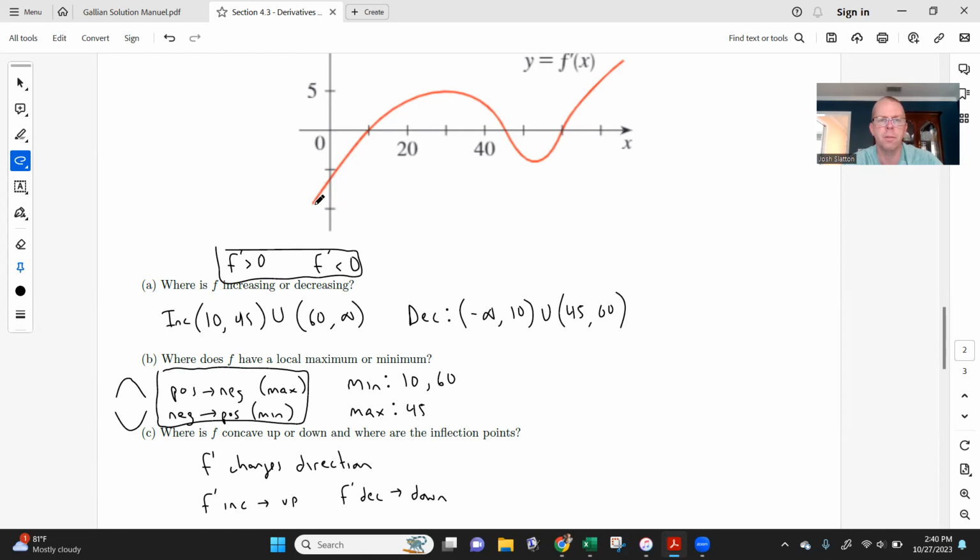All right, so F prime is increasing from negative infinity up to 30. So that is going to be concave up. And then we're decreasing from 30 to, we'll say 53.